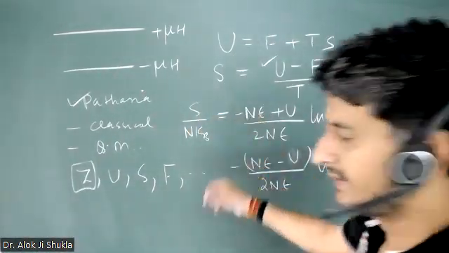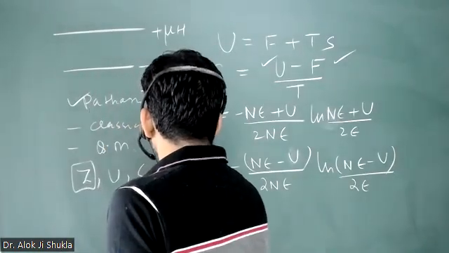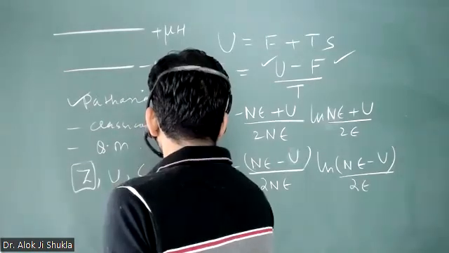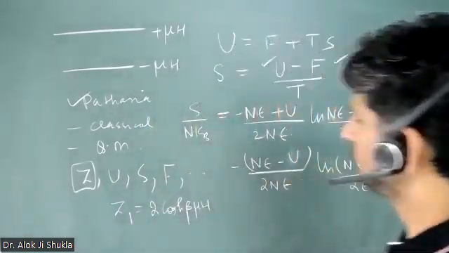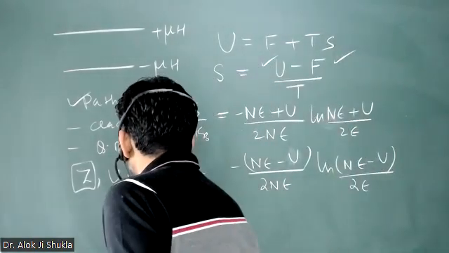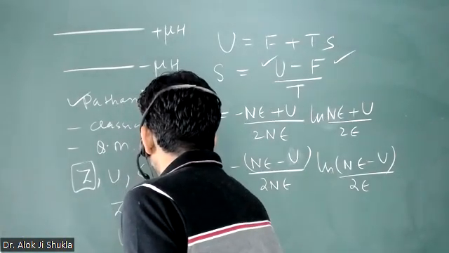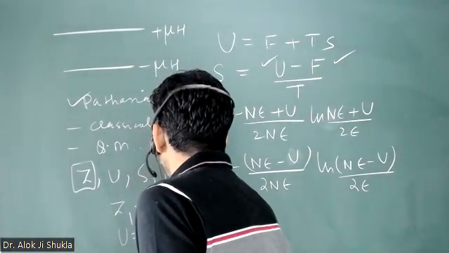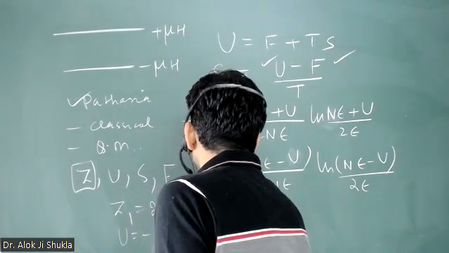What is Z in this case? Z1? Anybody? 2 cosh beta mu h. What is U? Minus mu h tanh beta mu h. Minus 1 by Z1, so minus 1 by minus mu h tanh beta mu h.